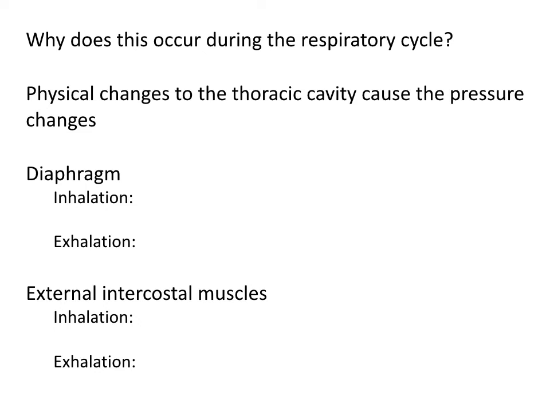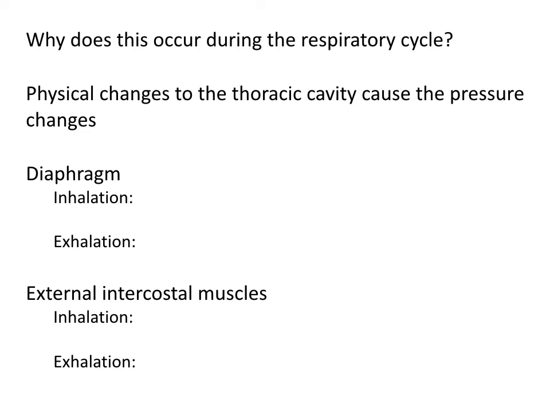Now, it's the physical changes to the thoracic wall, to your thoracic cavity as a whole, that are going to create the pressure changes. And there are two major muscle groups involved in your quiet respiration. One is the diaphragm, and the other are your external intercostal muscles that are between the ribs.